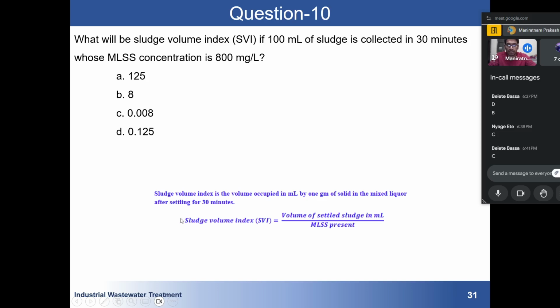So this is a direct formula: SVI is the volume of the sludge divided by MLSS. Okay, can anyone say what is the full form of MLSS?